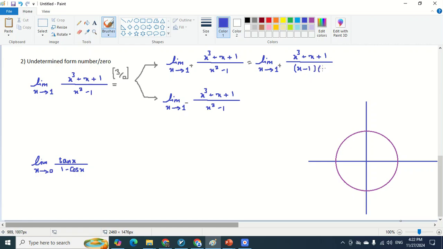So if I substitute 1 and values more than 1 over here, we can see that this part, x plus 1, is 2 or greater than 2, and the other factor x minus 1, since x tends to 1 from the right side, is 0 plus.